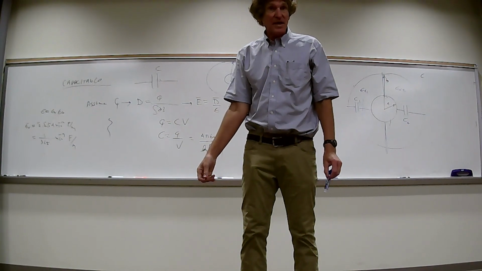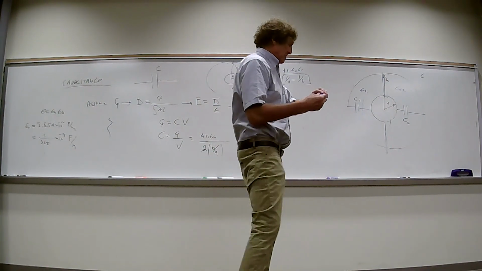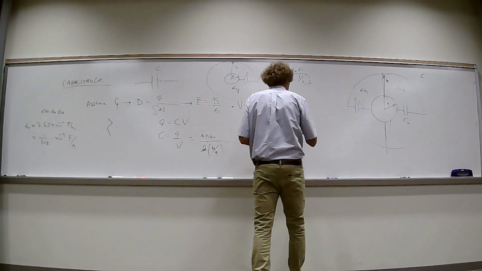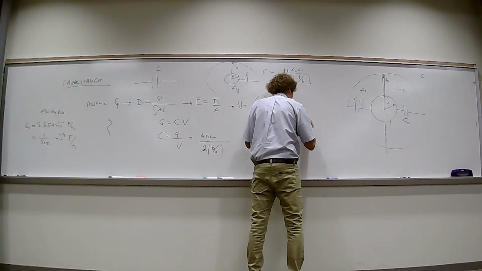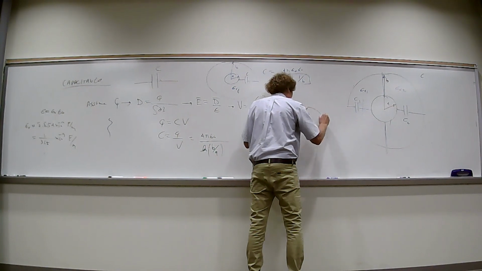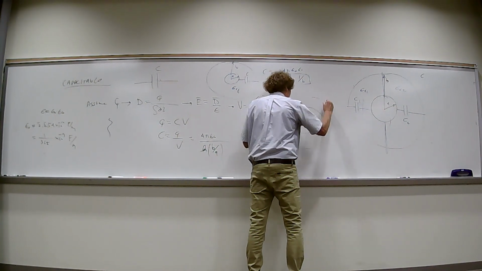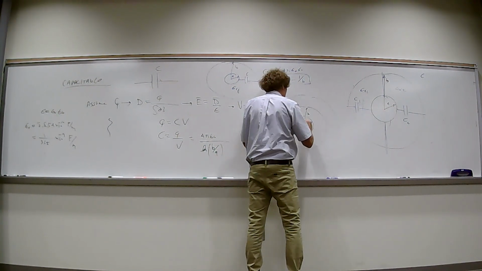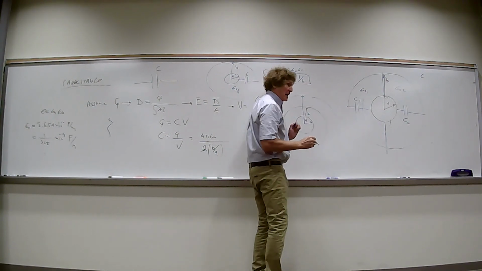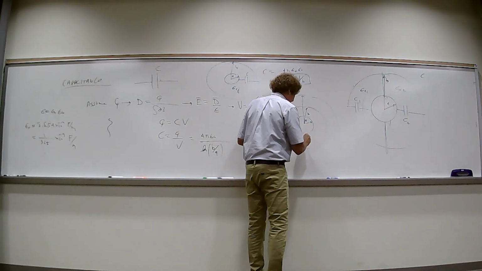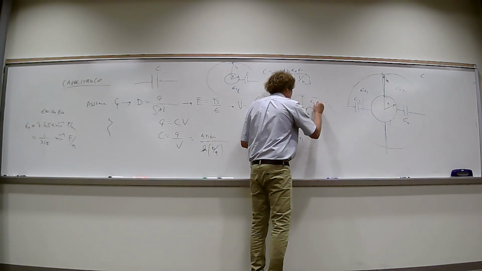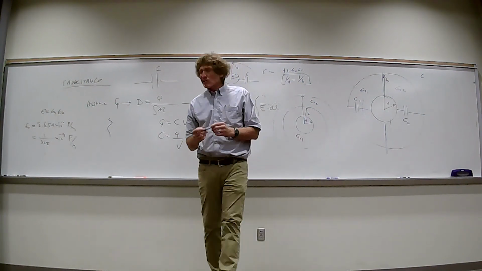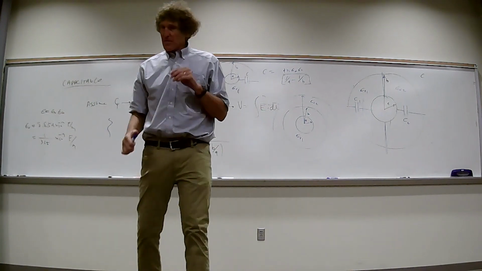Do y'all understand that? Now, the final thing I'm going to say is this. What if I had a capacitor that looked like this? Inner radius A, I got a radius B, and then I got a radius C. Say it's a sphere, and there's going to be some epsilon relative 1 here, some epsilon relative 2 here. What does that look like to you intuitively? Think about it.